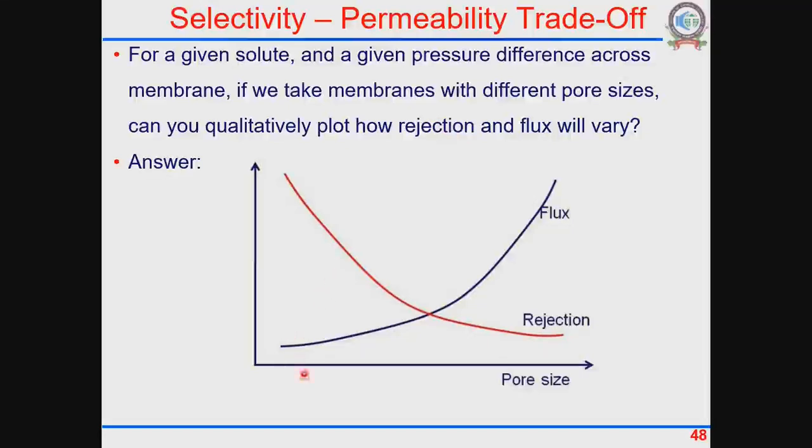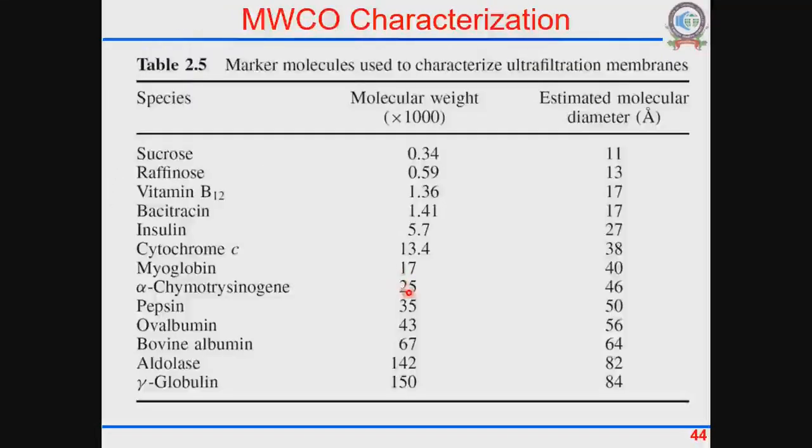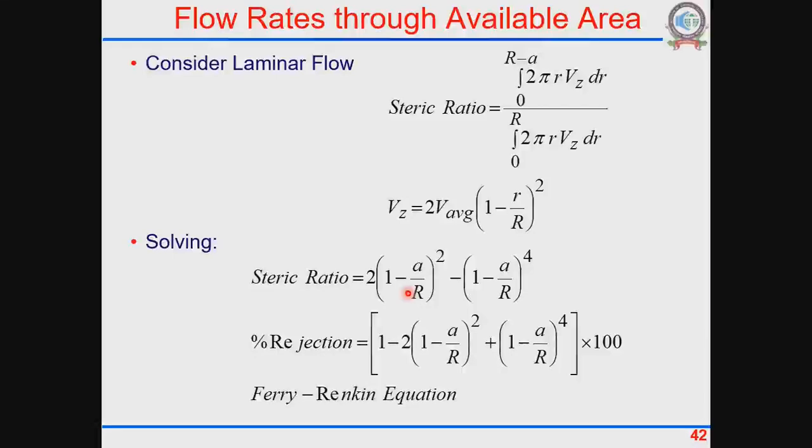Okay, here is something that you will see. If I take membranes of different pore sizes, and I increase the pore size for the same solute, the rejection will reduce. That's coming from this equation. If I take the same molecular size and different pore sizes, as the pore size goes up, rejection will go down.